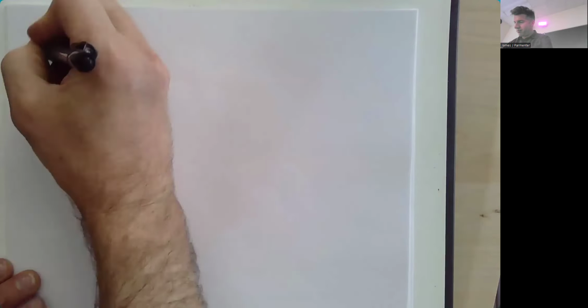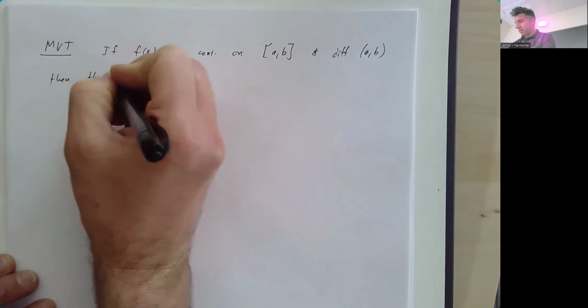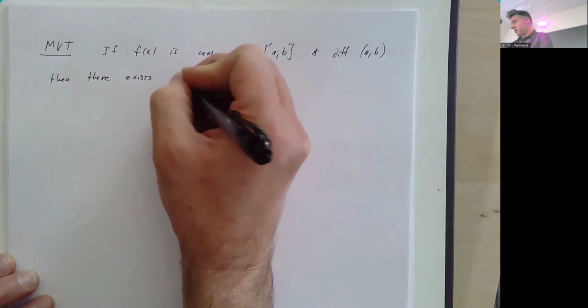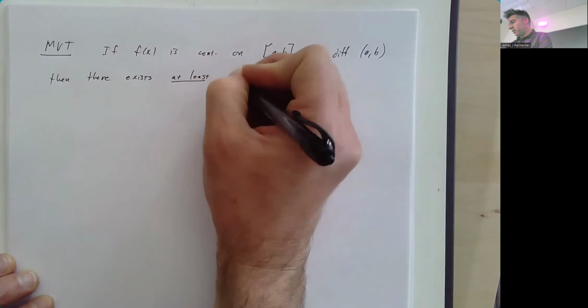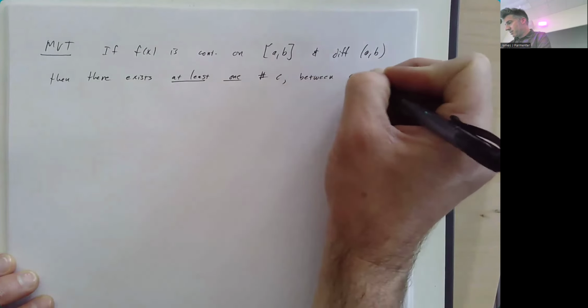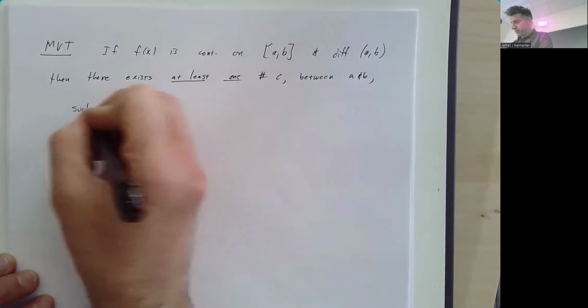If f of x is continuous on the closed interval at least, and differentiable on the open interval at least, often you have more than that, then there exists at least one, but possibly many, number C between A and B such that, and the way you should really read this next part is, the slope of the tangent line at C is equal to the slope of the secant line between the two endpoints.